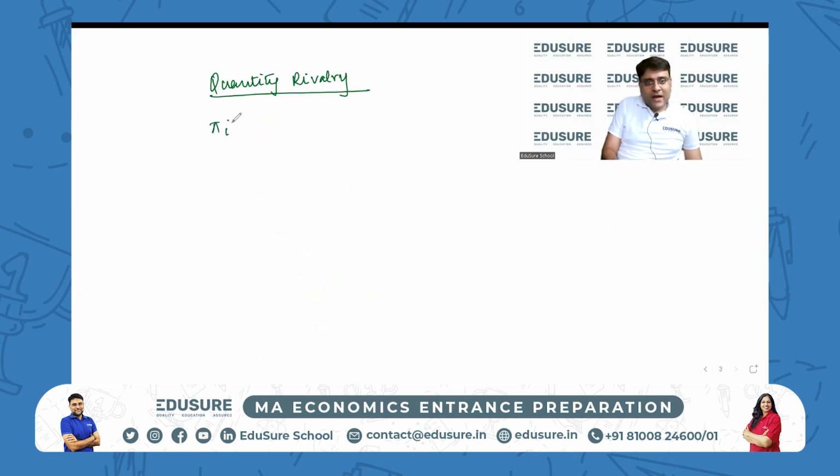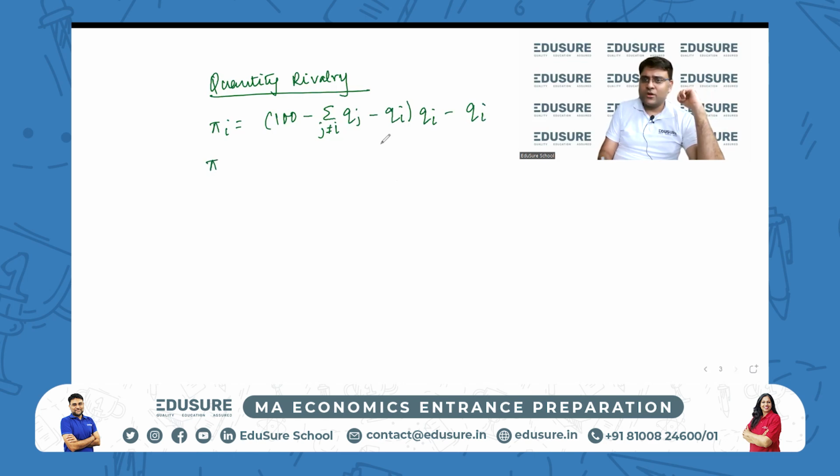So the profit of the ith firm is equal to 100 minus summation j not equal to i qj minus qi, into qi, minus qi. This is the profit of the ith firm. Cost is equal to qi. That's why, everything is rhyming today. So this is 100 minus summation j not equal to i qj minus 2qi minus 1.